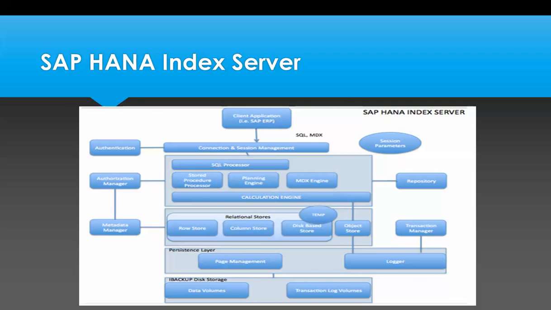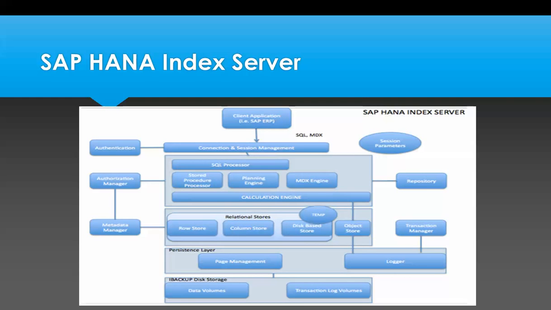The SAP HANA database also contains, as I have explained before, the planning engine, which allows the financial planning application to execute the basic planning operations in the database layer. So we have these different engines to perform different functions, like the planning engine to perform planning for the financial planning applications.